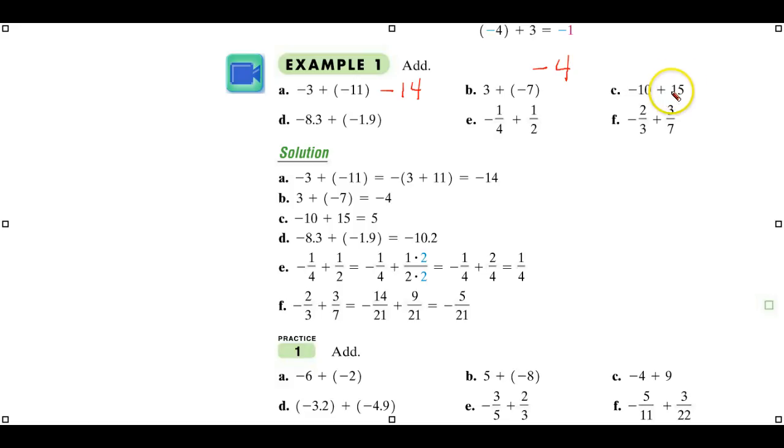Here, this is larger than this in its absolute form, and it's, in a sense, a traditional subtraction. So 15 minus 10 is 5, and we're going to use the sign of the larger absolute value, which is positive.